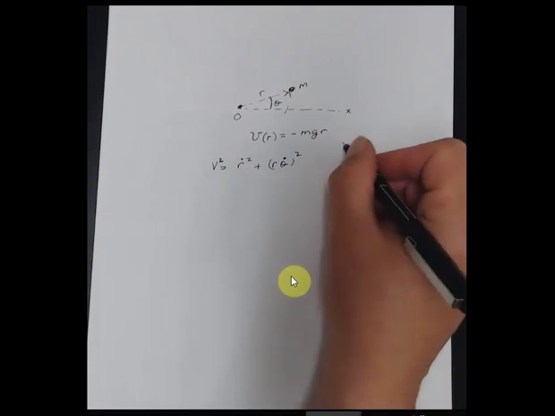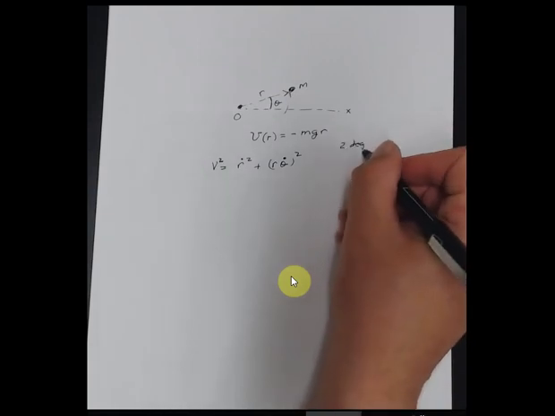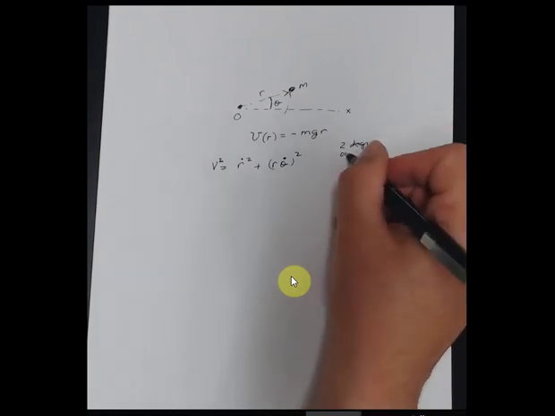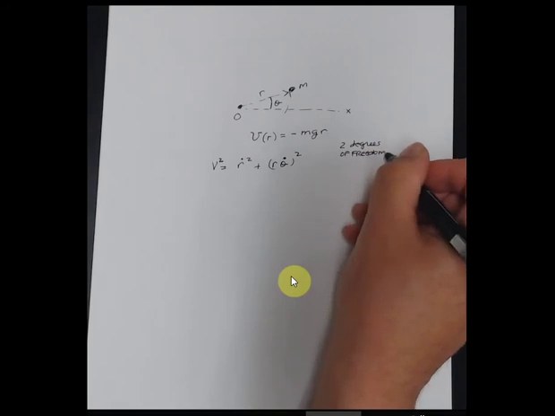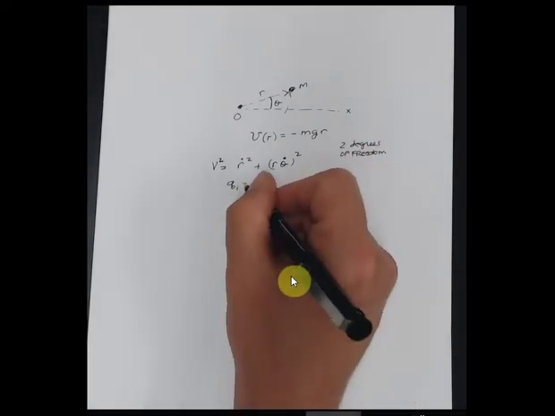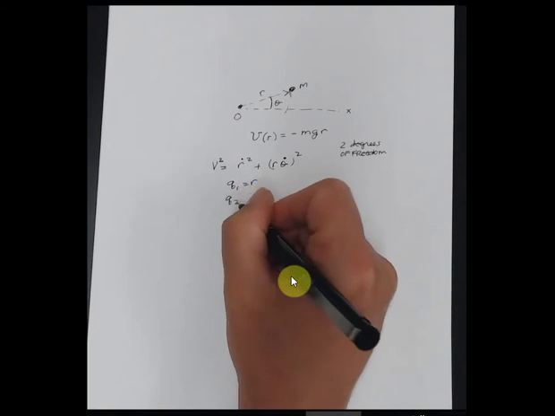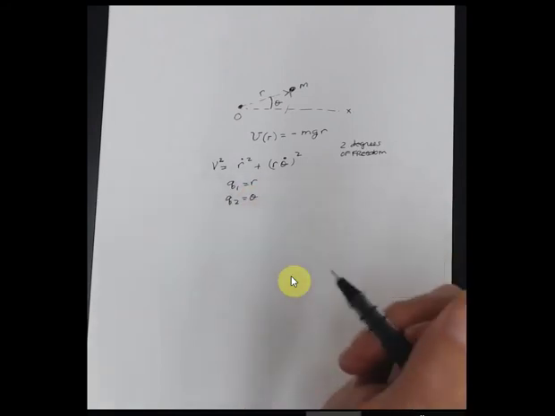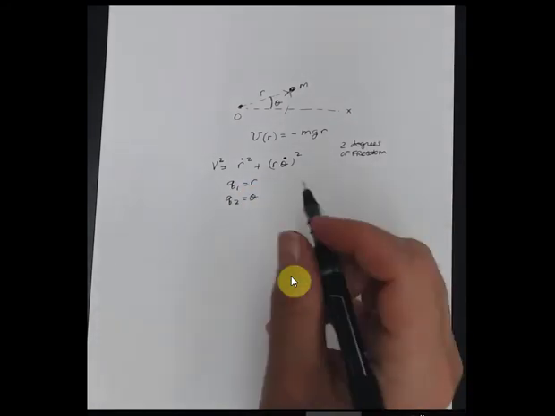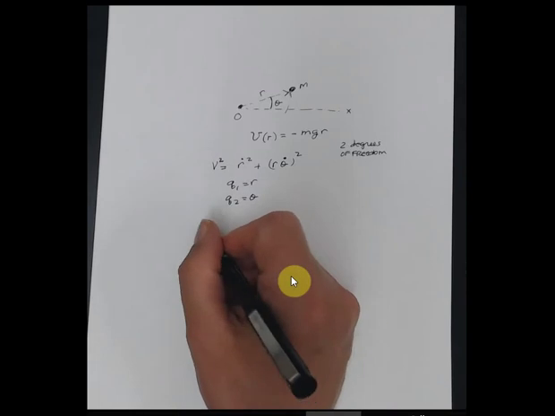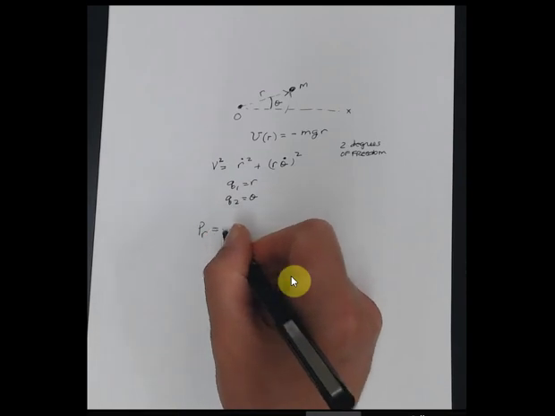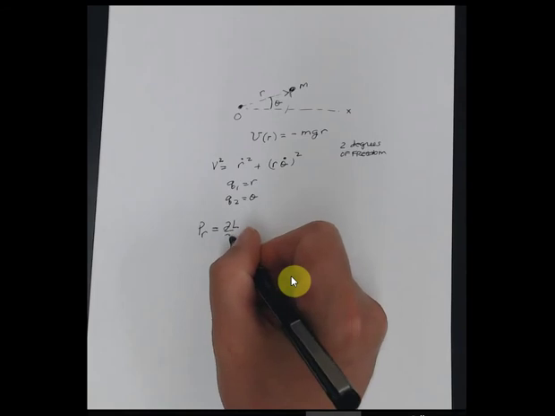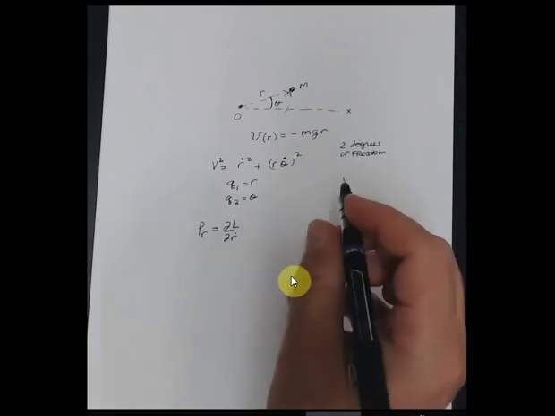Two degrees of freedom. So I'm going to call Q1 r, Q2 theta, my two generalized coordinates. If I find the momentum for r, it's equal to dL/d r dot.